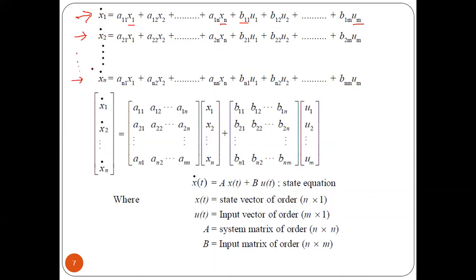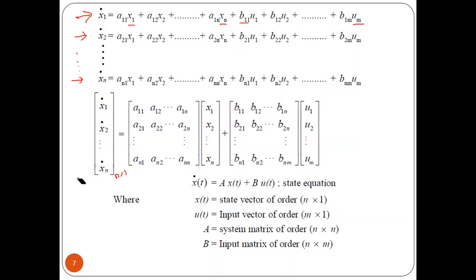All the first order derivatives of the state variables are defined. When you write these n equations in matrix format, we get x1 dot, x2 dot, and so on, xn dot. This is an n by 1 matrix.